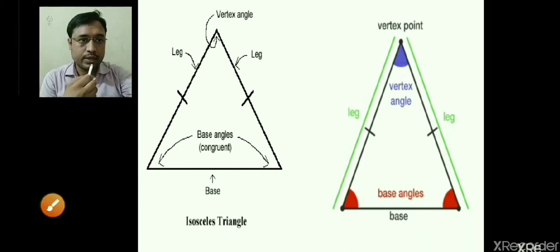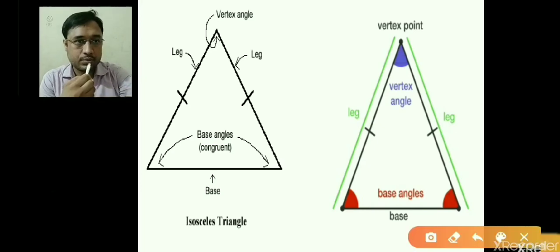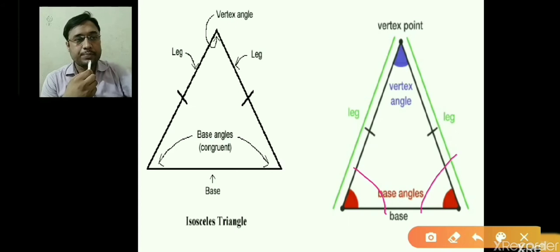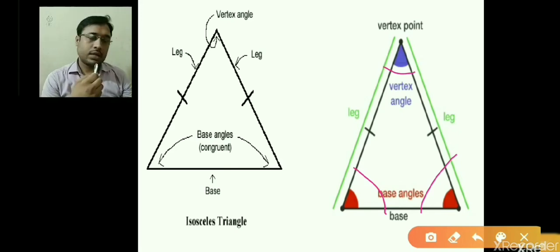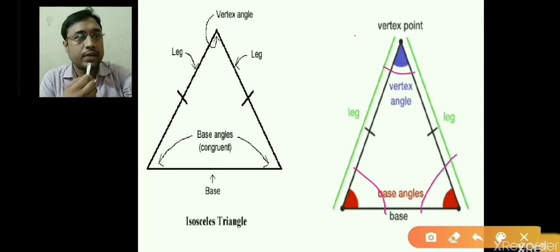Here I have shown this angle and this angle in red color, and the upper one in this color is the vertex angle, formed at the point of intersection of the two legs, which is called the vertex point.